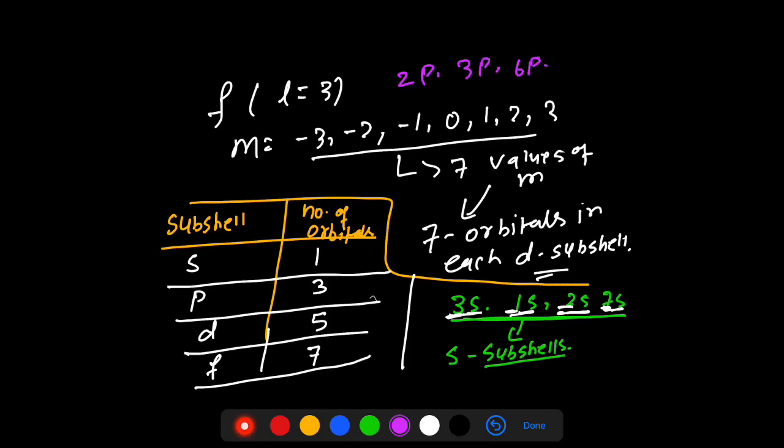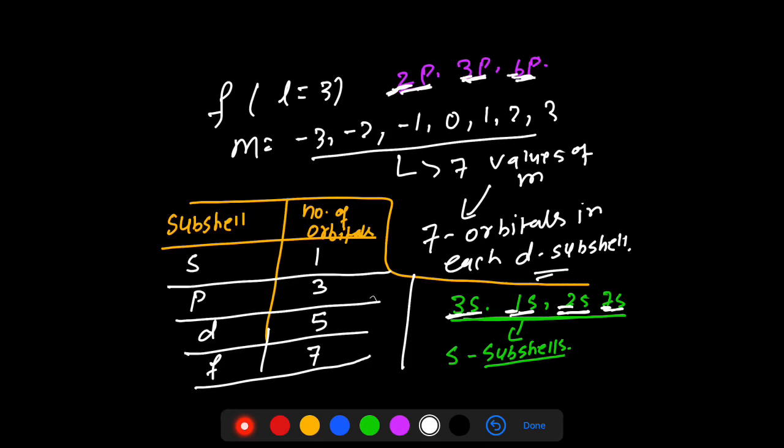in the electronic configuration. Similarly, if I say 2p, 3p, 6p or any p, it just denotes one p subshell. These numbers denote the shell number. 2p belongs to the second shell, 3p to the third shell, 6p to the sixth shell, but the number of p subshells in each of these is just one, and one p subshell contains 3 p orbitals.